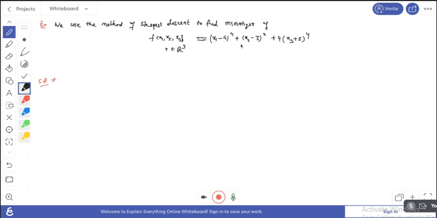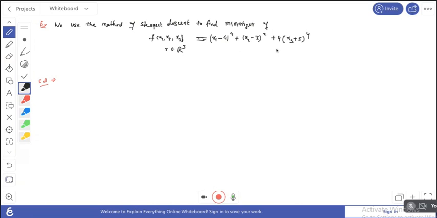Otherwise you are free to start with the origin, that is x1 equals 0, x2 equals 0 and x3 equals 0, and go ahead and find your solution. Or you can take, suppose, x1 is 1 and x2 and x3 are 0, or start with 1, 1, 1. We take a very simple initial point: the origin, a point on the x1, x2 or x3 axis, or in general 1, 1, 1.